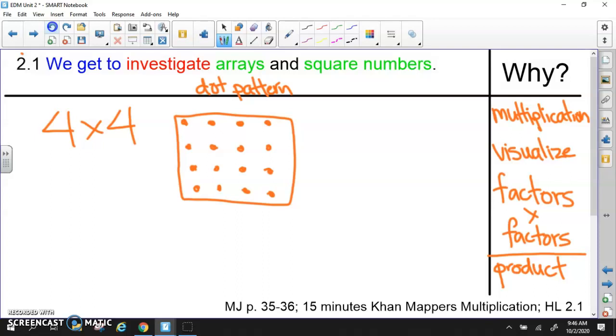All the lines, so there's 4 this way and 4 this way, right? 4, 4, 4, 4. It's a square number, okay? So 4 times 4. What is 4 times 4? You can either count it up. What is it, Miss, in the pink? You'll find that there are 16 dots here. You can count it up, 4, 8, 12, 16, okay?